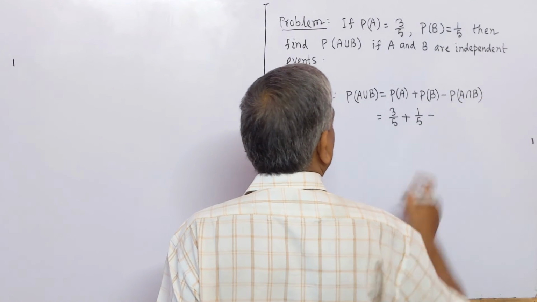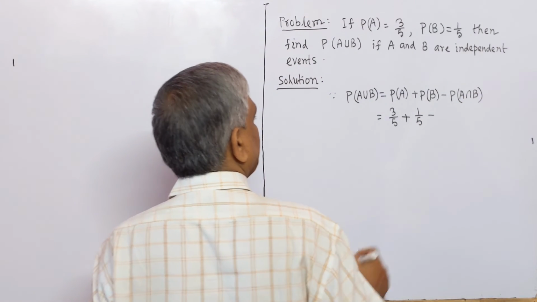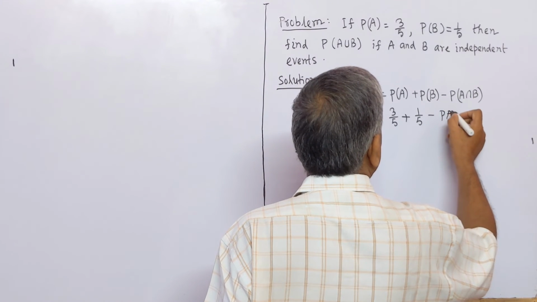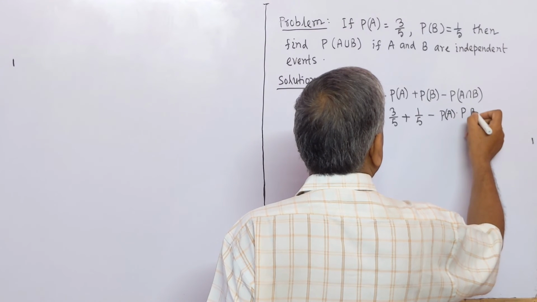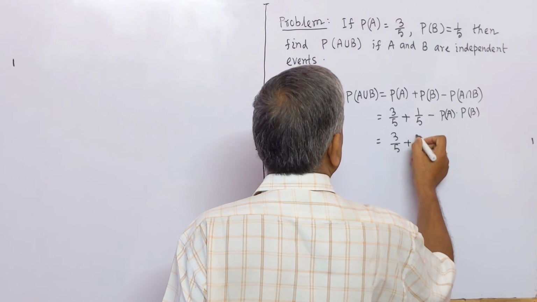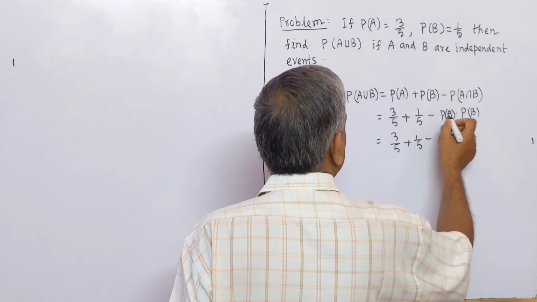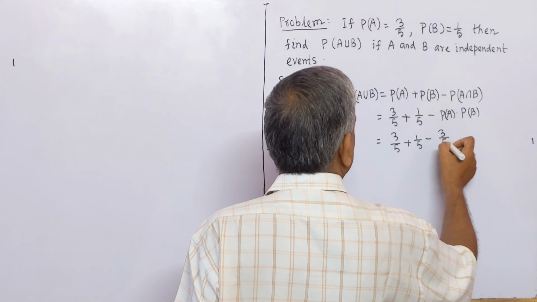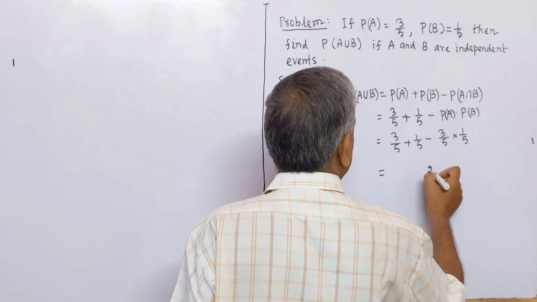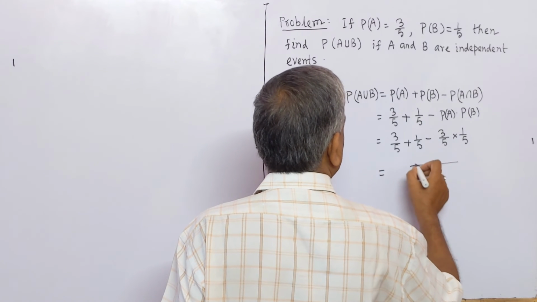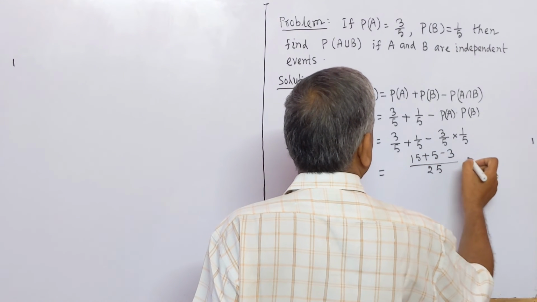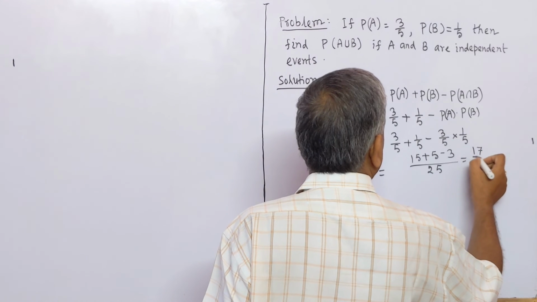Since A and B are independent events, therefore P of A intersect B equal to PA multiply PB, and this equal to 3 by 5 plus 1 by 5 minus 3 by 5 times 1 by 5, and this will be equal to, with LCM 25, 15 plus 5 minus 3, means 17 by 25.